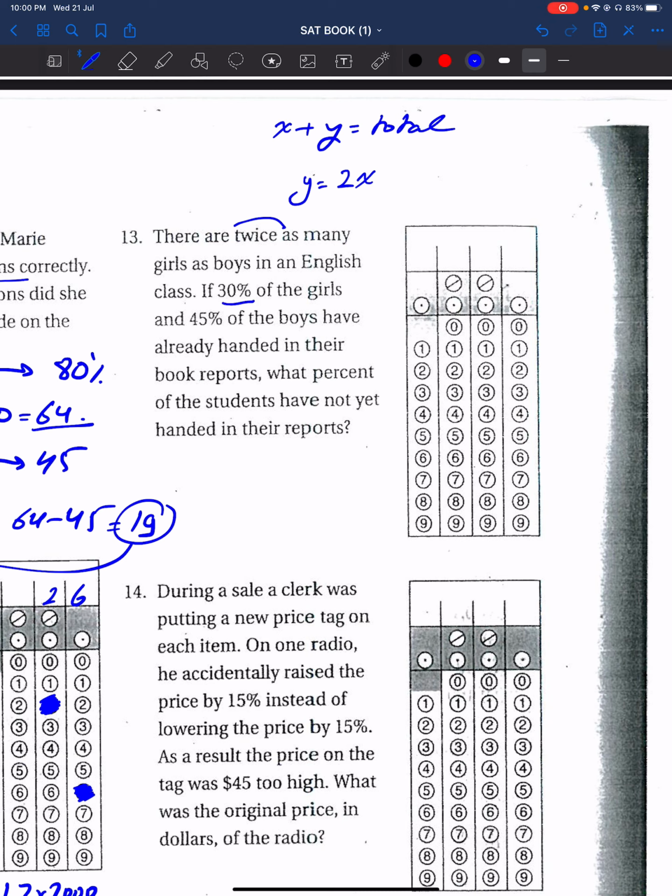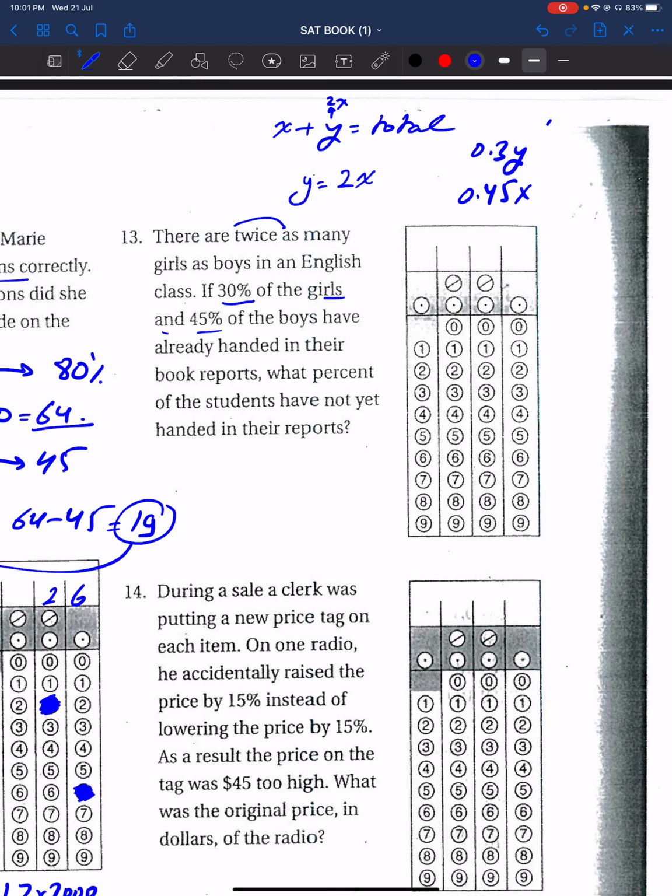And if 30% of the girls and 45% of the boys have already handed in, what is 30% of the girls? So 0.3 times y and 0.45 times x. Remember, the total could be written as x plus 2x, since the number of girls is 2x.